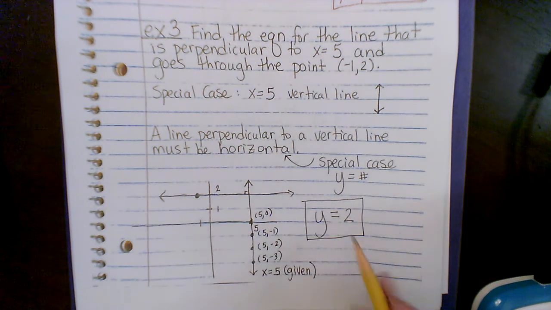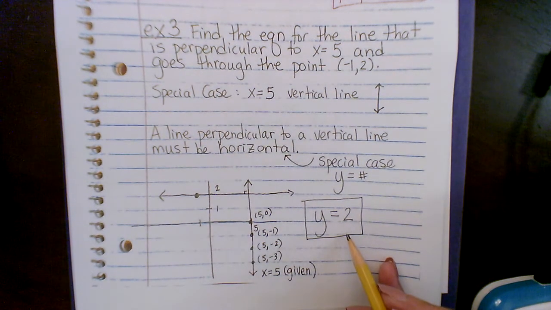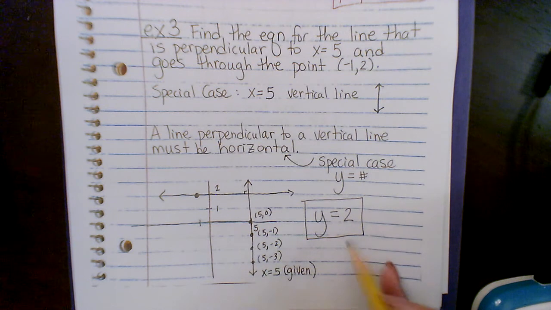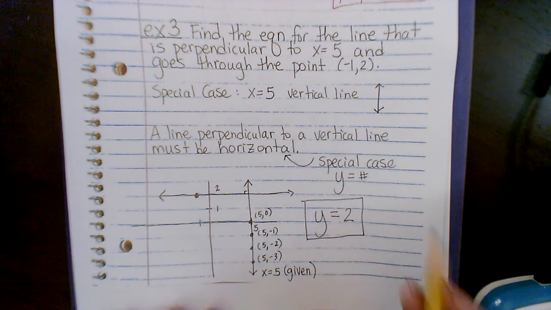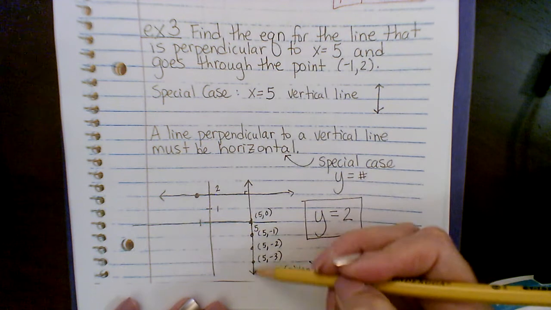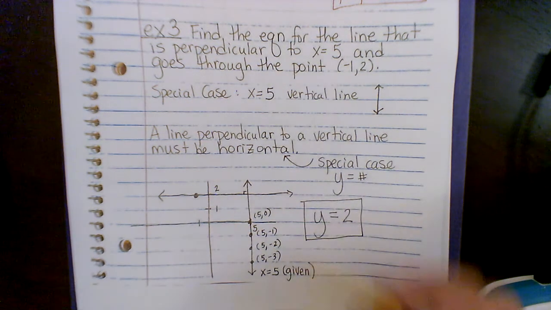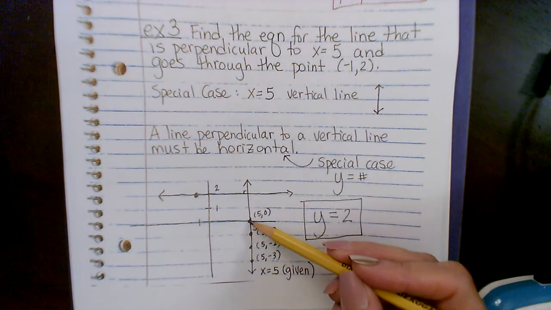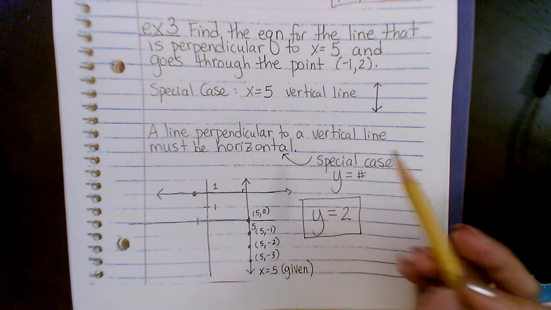Now, how do I know what number y is going to be? Well, I went ahead and just graphed it for you. This is what the graph of x equals 5 looks like. You find 5 on the x-axis, draw a line through it. All right?